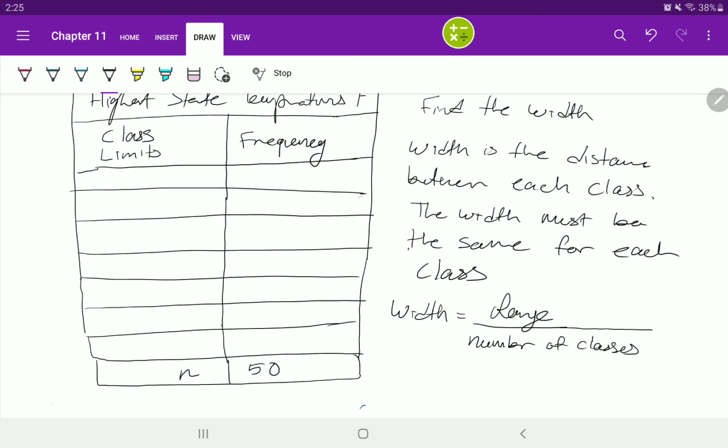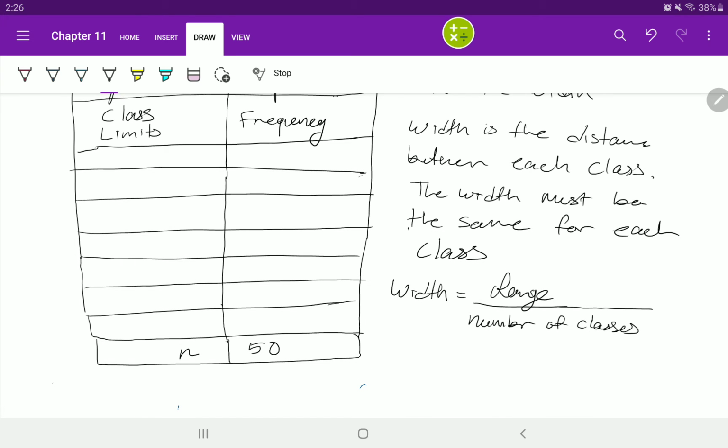Range of the data divided by the number of classes. What is the range? Well, the range lets us know how far the data varies. And to find the range of the data, it is the highest value minus the lowest value.